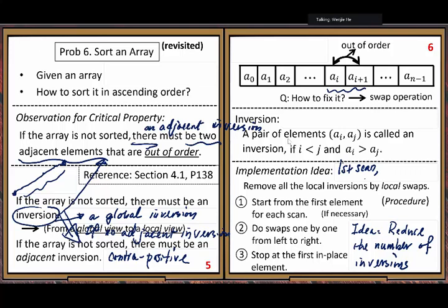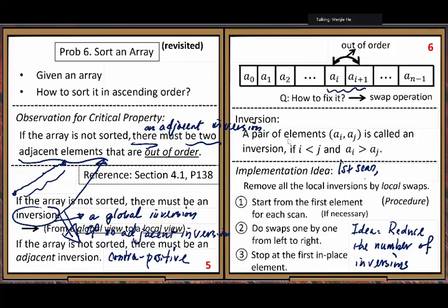Assume the maximum's original location is somewhere in the middle of the array. But when you do a local swap, an adjacent swap, you always push the maximum toward the end. You keep pushing the maximum, and when you reach the end, the maximum must be at the end.